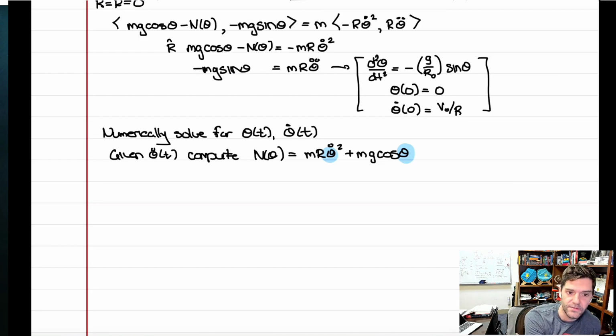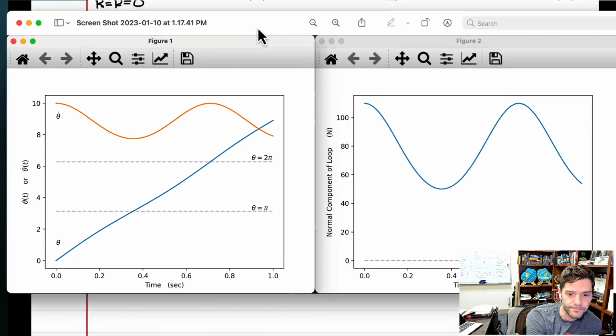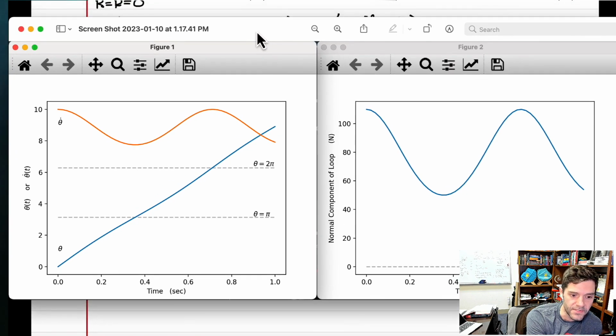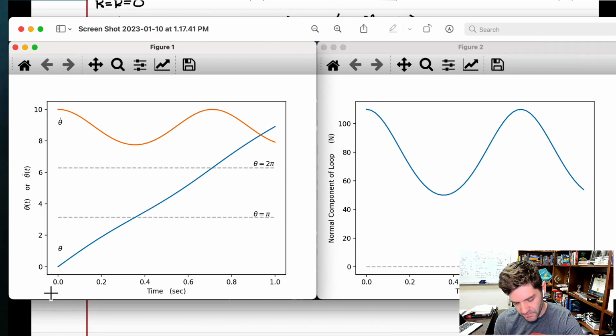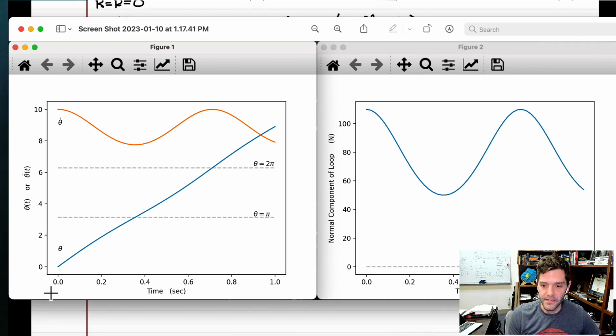So I did this numerically just to show you some results. So here is one where, let's go through these slowly. Let's just look at the left. This is showing you for a given initial speed. I think the numbers I used is I let little g be 10 meters per second squared, and I let m and r both be 1 kilogram, 1 meter. And then I had an initial velocity as you enter the loop of 5 meters per second.